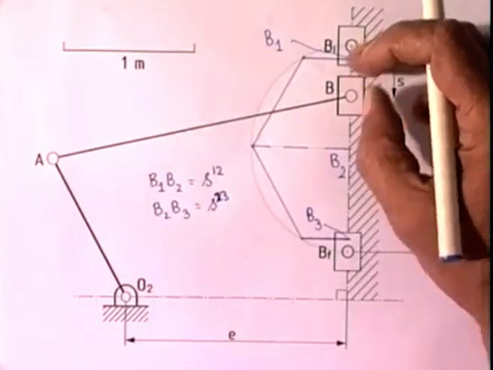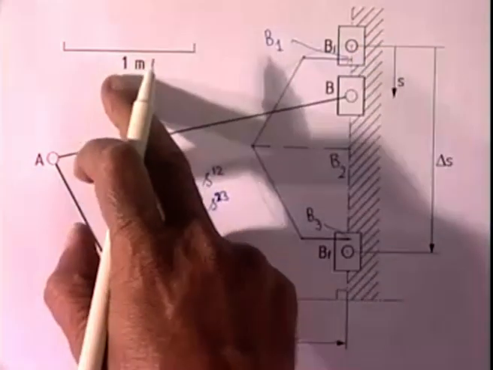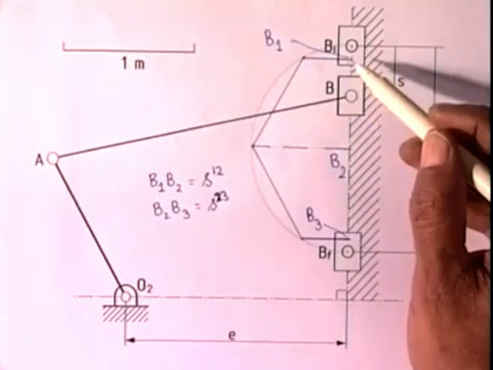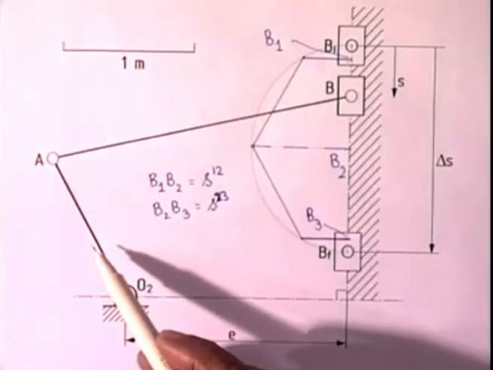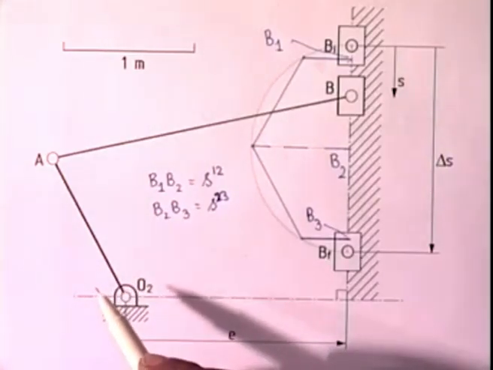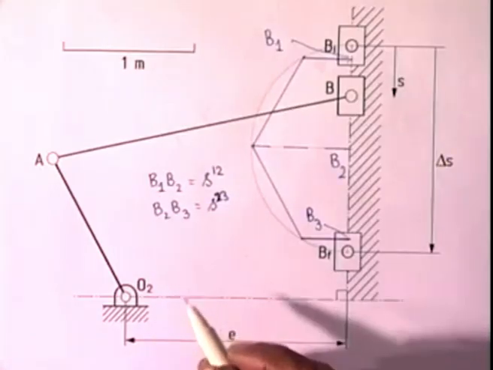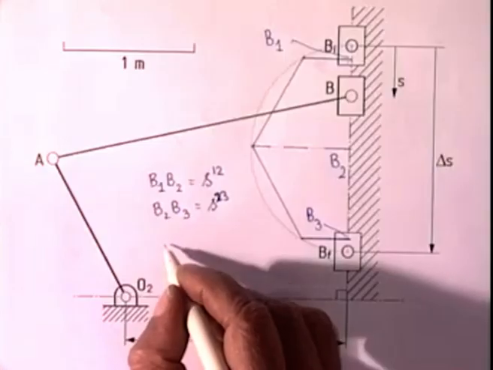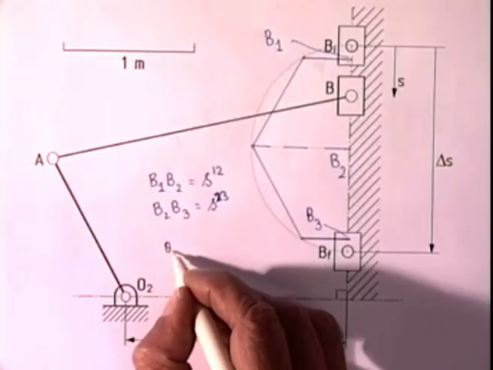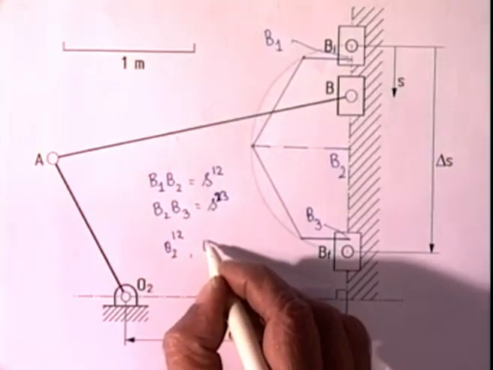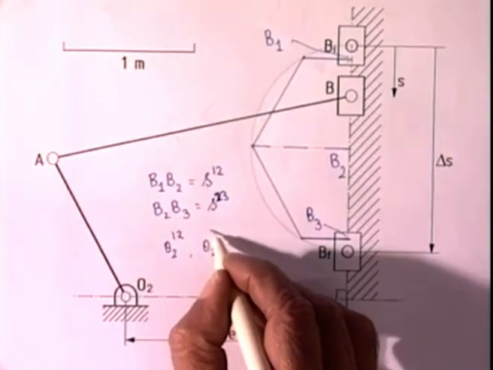I can either measure it from this diagram to the scale, or I have already calculated analytically. The second requirement is that the travel of this fork should be proportional to the rotation of this input link or the crank O2A. So we calculate what is the corresponding movement of this link 2, which I call theta 2,1,2 and theta 2,2,3.